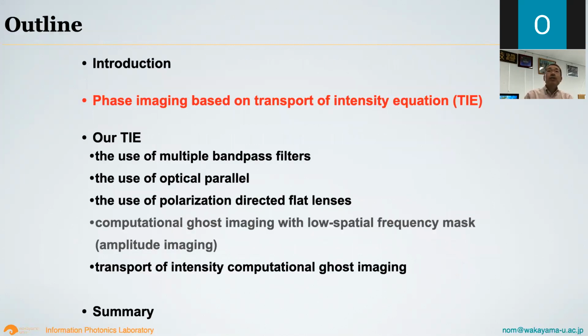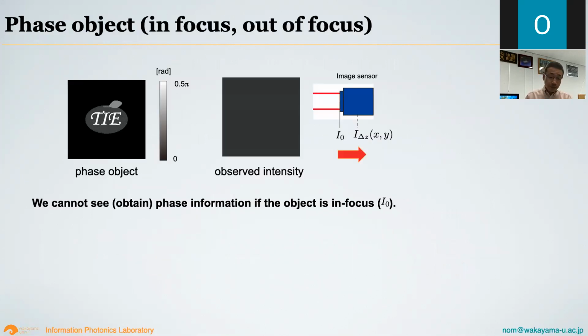So let me move to phase imaging based on transport intensity equation. We have a phase object like this. This is a phase 0 to 0.5 pi radian. If we focus on this object, we cannot see any information, just uniform intensity like this. However, we move the imaging camera, so we defocus this object.